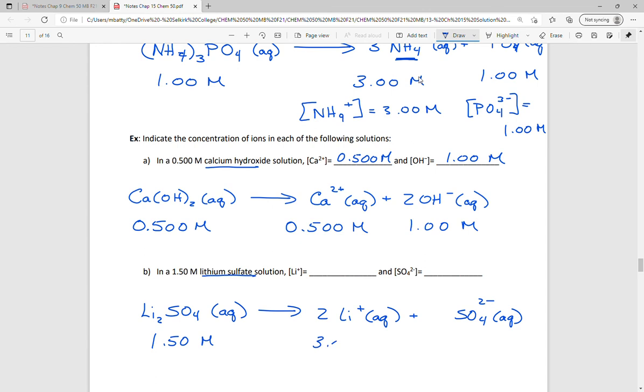So I'd have twice the concentration of the lithium ion and the same concentration for that sulfate ion. You can really write this out as a mole to mole ratio if that helps you. Usually I find that kind of overcomplicates it for people. I did put it in the notes that are the answer key if you really want to check that out. But that kind of does our investigation into molarity and concentration.